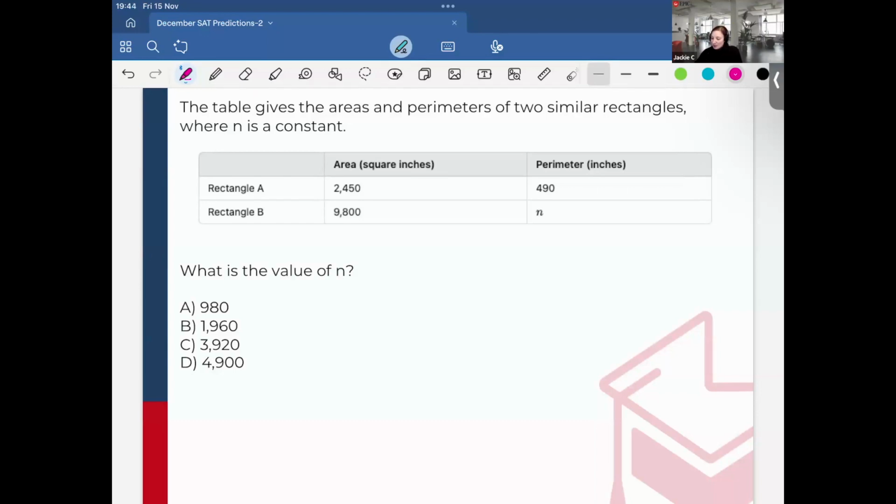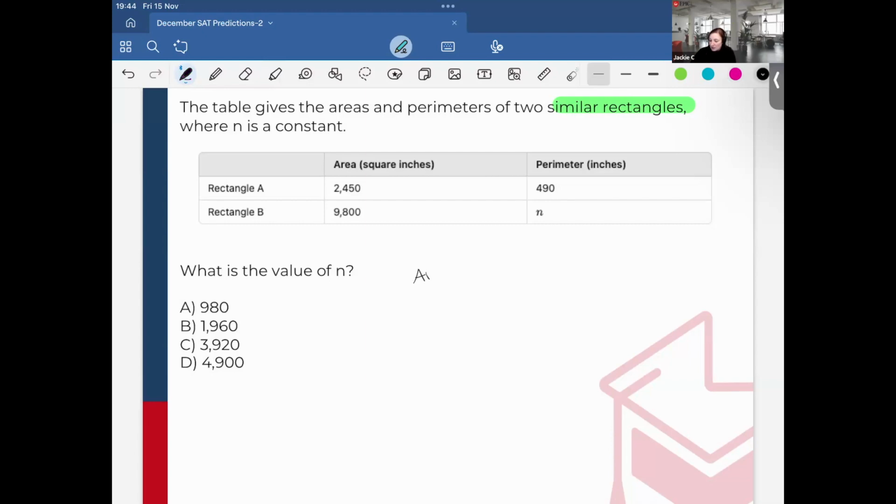Important to recognize in this problem, it says that it's two similar rectangles, which means that the ratio of their areas is going to be the square of the ratio of their side lengths. And that's an important thing to remember. And also, the ratio of their perimeters will be the same as the ratio of their side lengths.